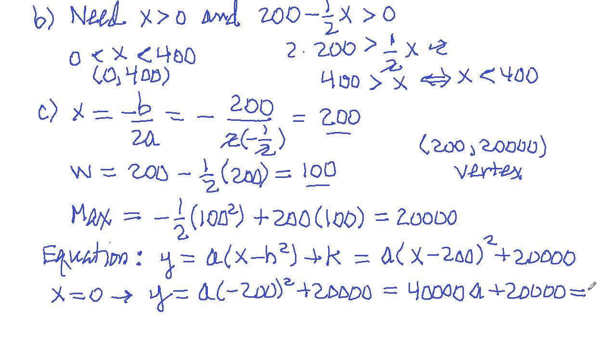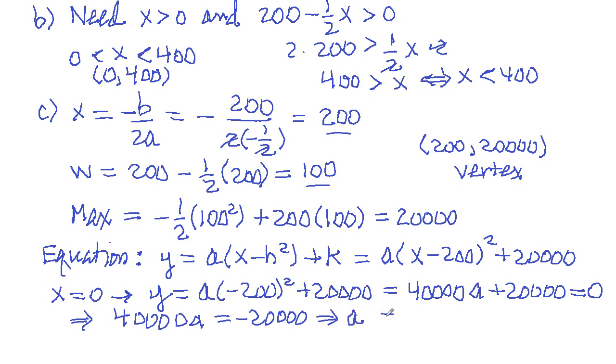And set that equal to 0, because we know we have the point (0, 0). So then just solve for a. Bring this 20,000 over as a negative. So then you've got 40,000a is equal to -20,000. And then divide 40,000 off both sides.